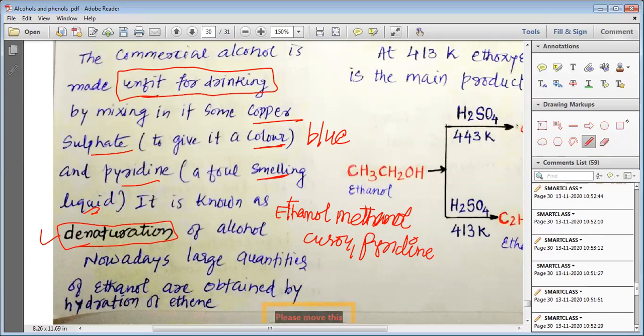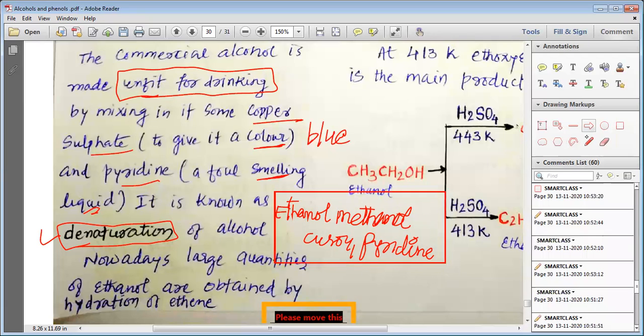The mixture of all these four is collectively known as denatured alcohol. So we call this mixture denatured alcohol.